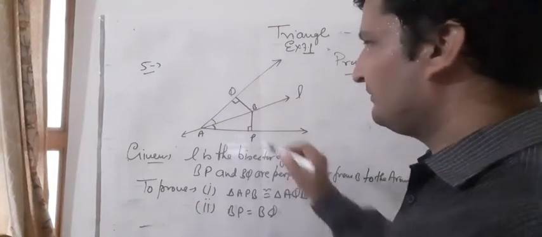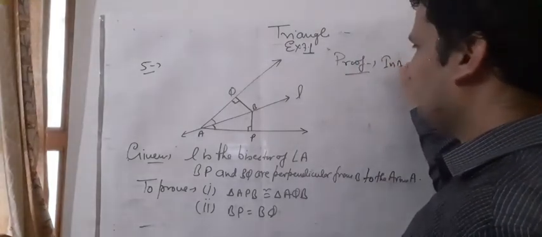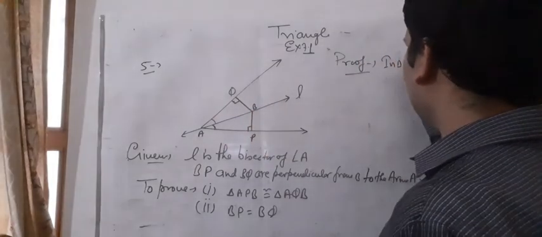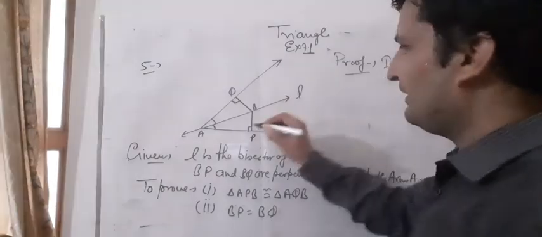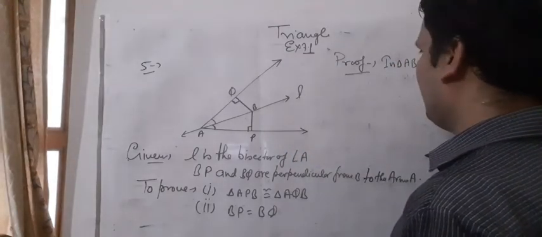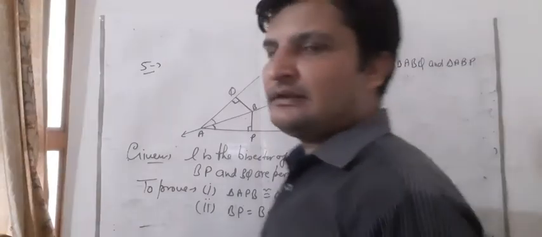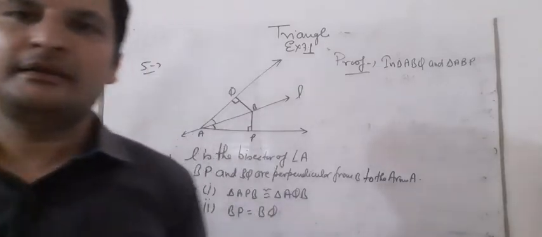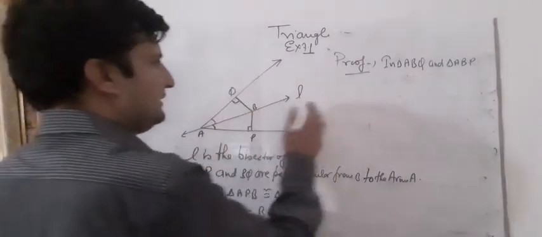How we can prove it? We will take two triangles. In triangle we can take ABQ and triangle ABP.